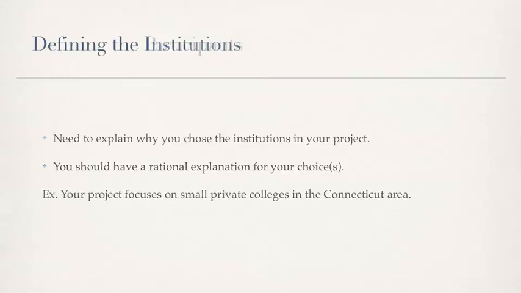And then you should define your participants in your capstone project. For your capstone projects, participants may include one or more of the following, depending on your topic. You may have students as participants, faculty, staff and administrators at the institution, area experts, for example, in accreditation or higher education legislation, or whatever else you're looking at as part of your capstone project.